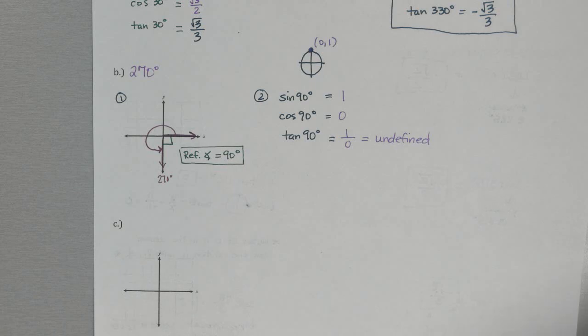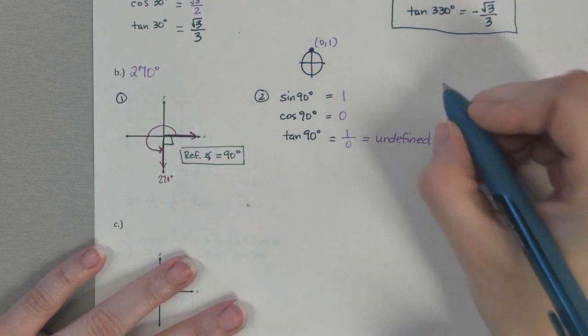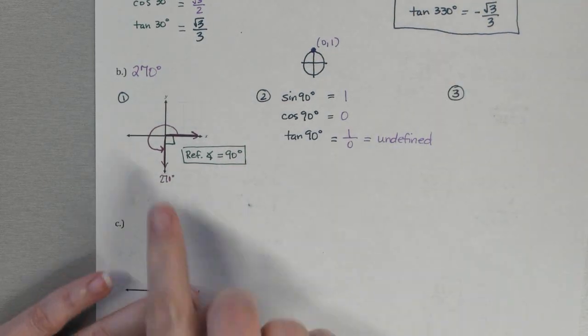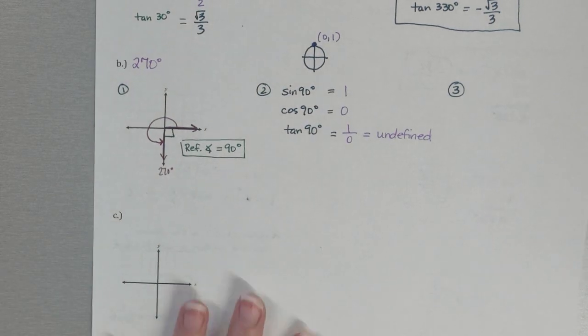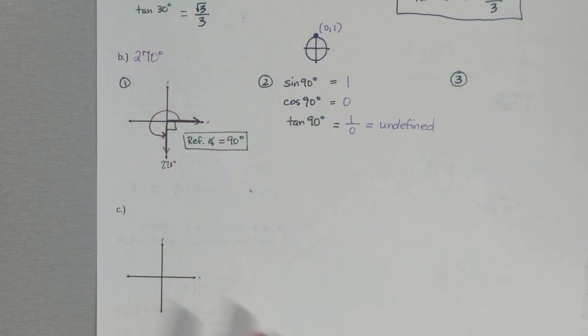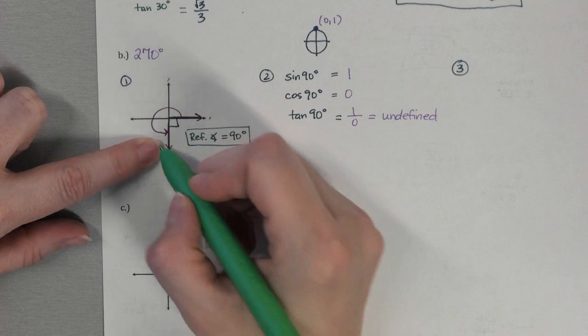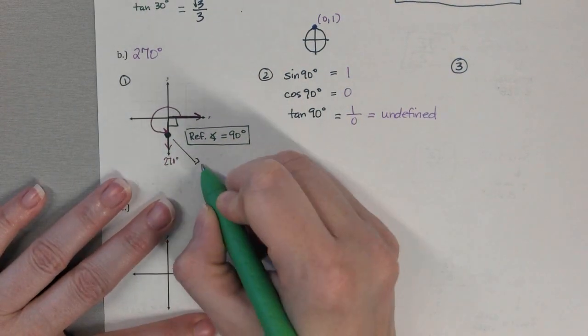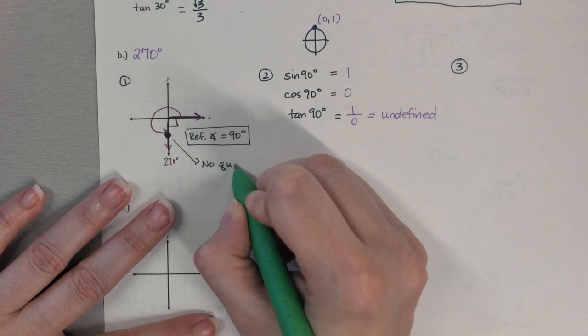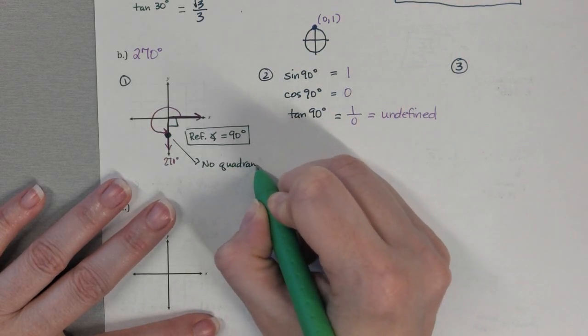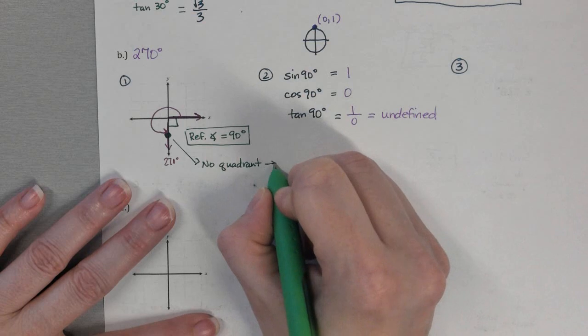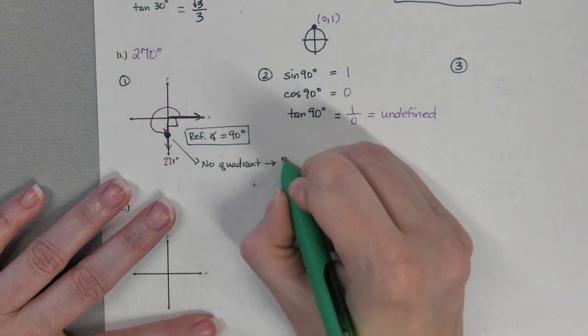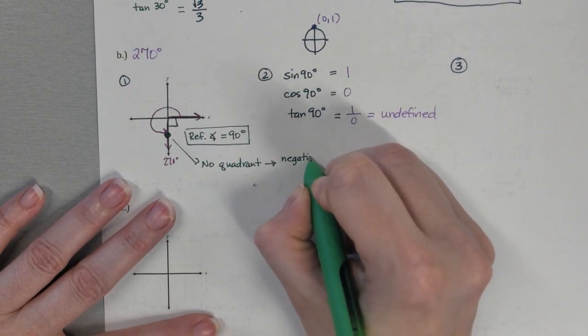Okay, and then your third step is to adjust to the quadrant. But guess what? This isn't in a quadrant, it's on a line. So what we have to do is follow where this is located. So 270 is located here. Okay, so this is not in a quadrant. Okay, but it is on the negative part of what axis?